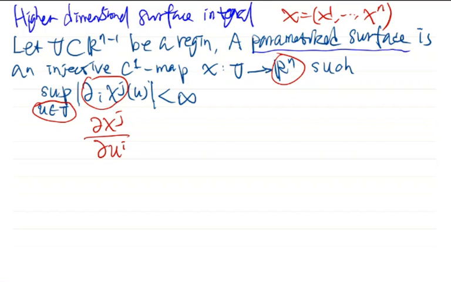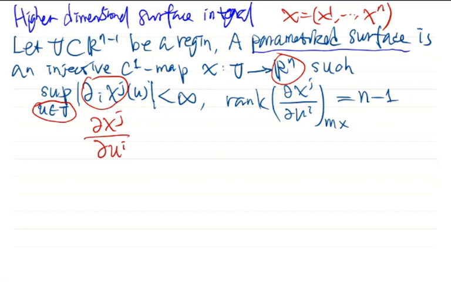Another condition is that the rank of this Jacobian matrix is n-1. This is an n by n-1 matrix.